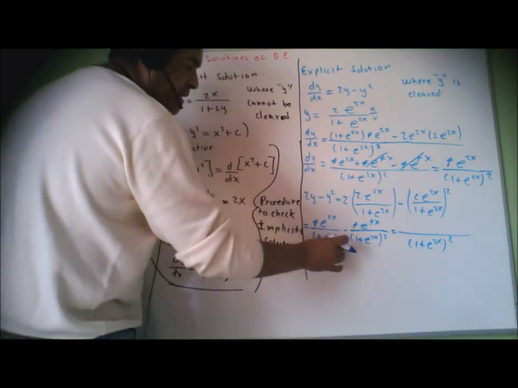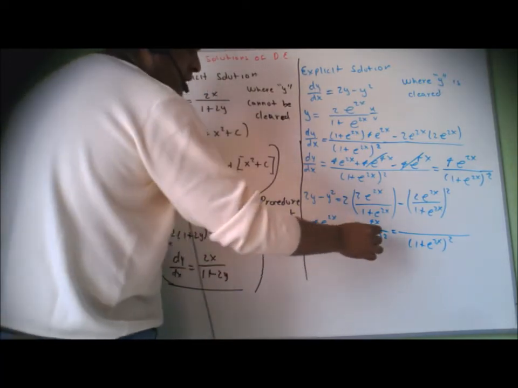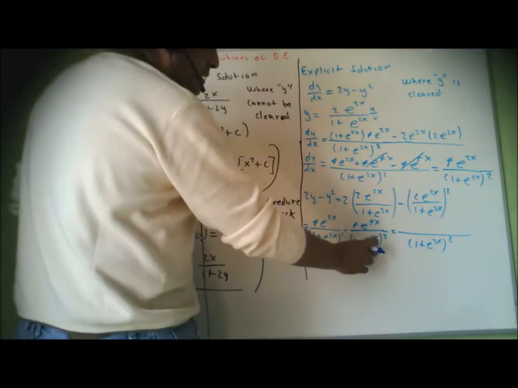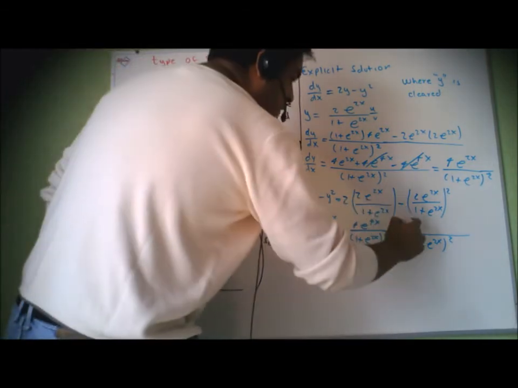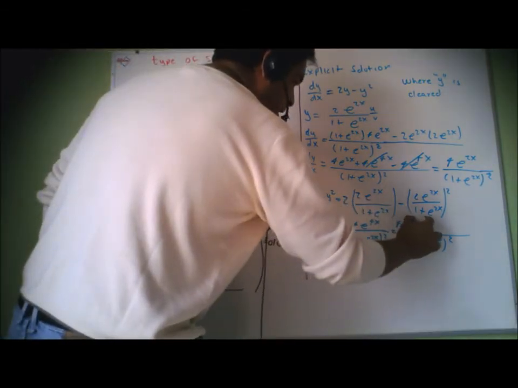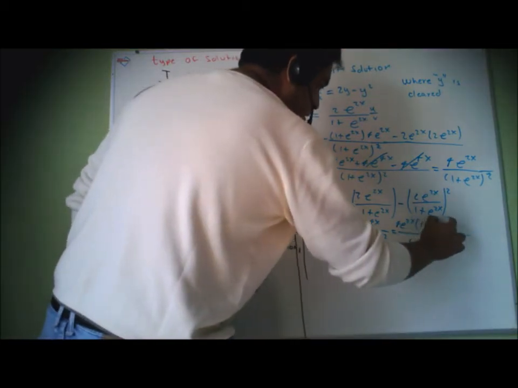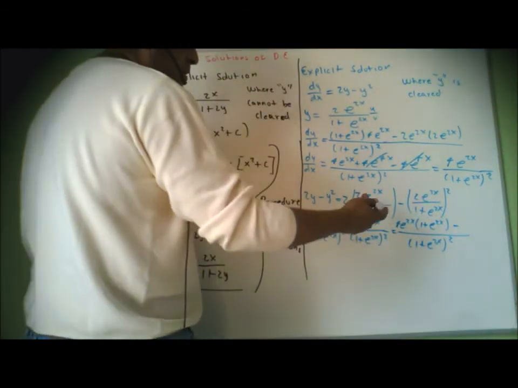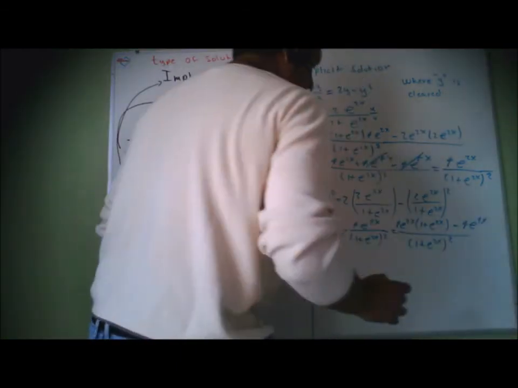Now you can see here this is the same number. It's just that here is power 1 and here is power 2. So the common denominator is this number. So this divided by this times this is going to be 4 exponential of 2x times this number, 1 plus exponential of 2x, and then minus this divided by this is equal to 4 exponential of 4x.